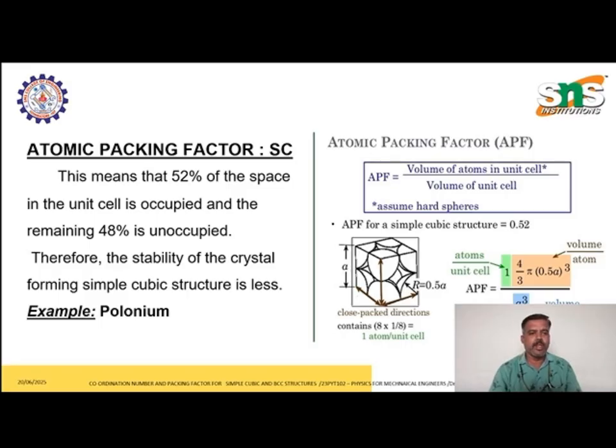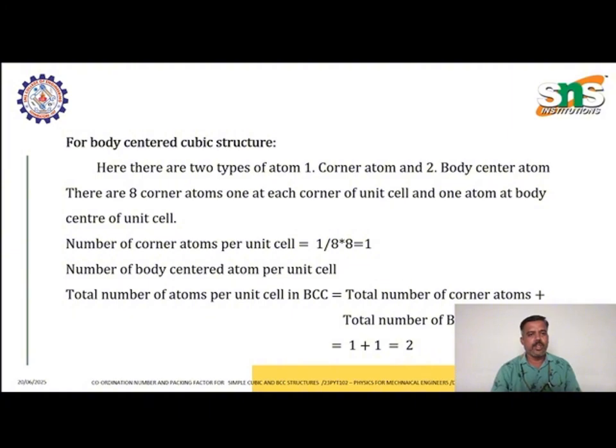So in simple cubic, 52 percent of the space in the unit cell is occupied and the remaining 48 percent is unoccupied. Therefore, the stability of a crystal forming a simple cubic structure is less. The example is polonium.